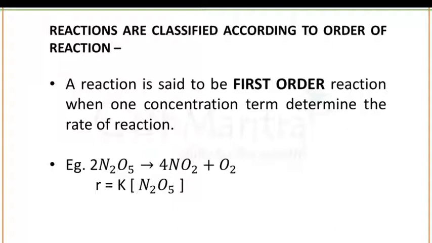A reaction is said to be a first order reaction if only one concentration term determines the rate of reaction. For example, 2N2O5 produces 4NO2 plus O2. If you talk about the rate, R is equal to K[N2O5]. So this is your first order reaction.